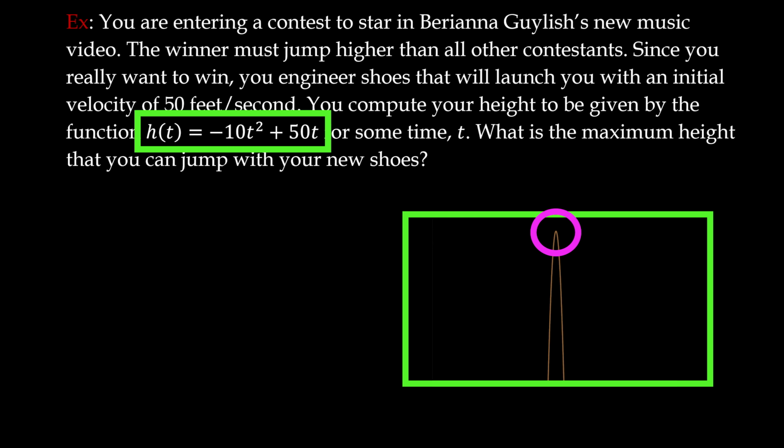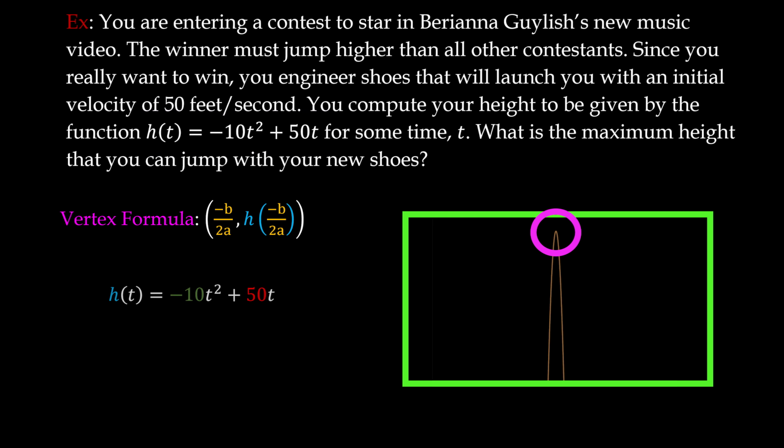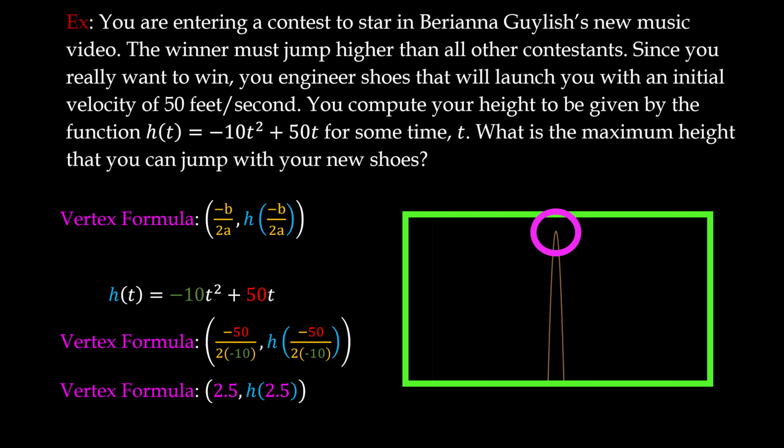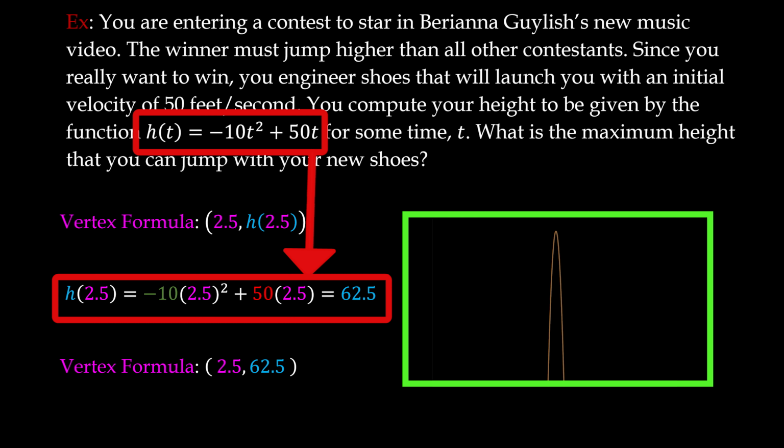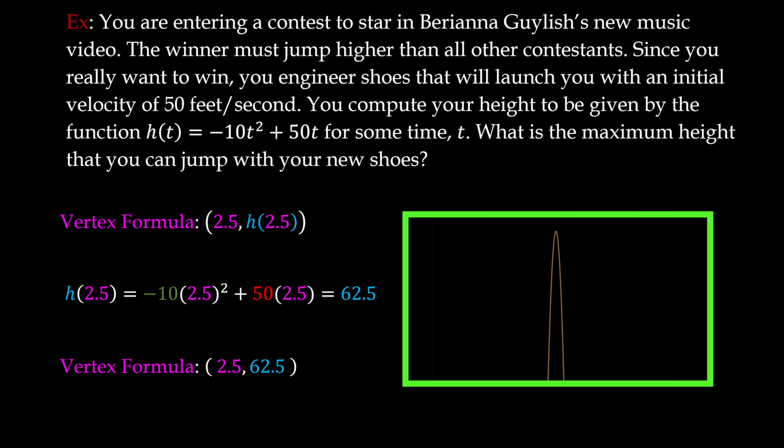At the vertex. So to find the maximum height, we just have to identify the vertex using the vertex formula. Now, which of these two values are the maximum height?